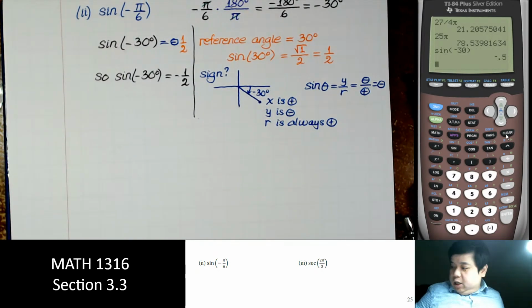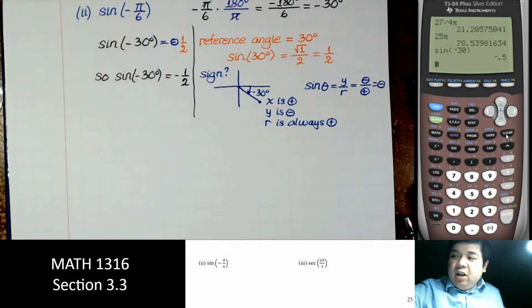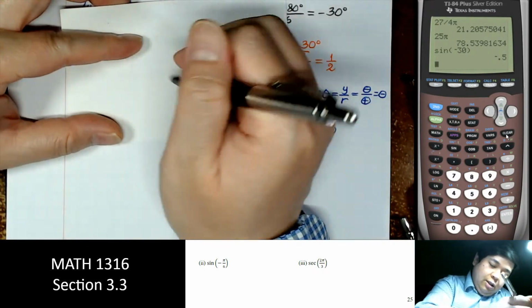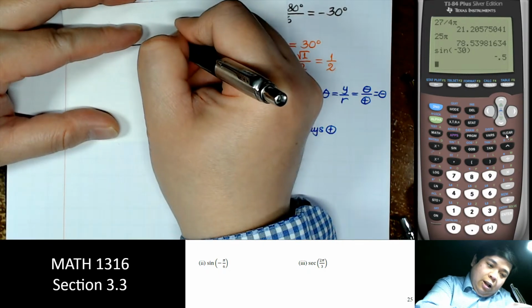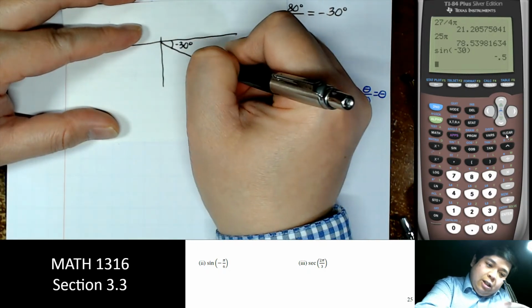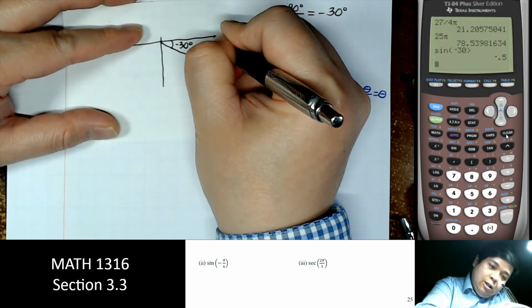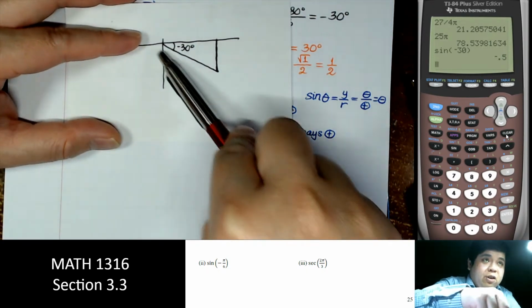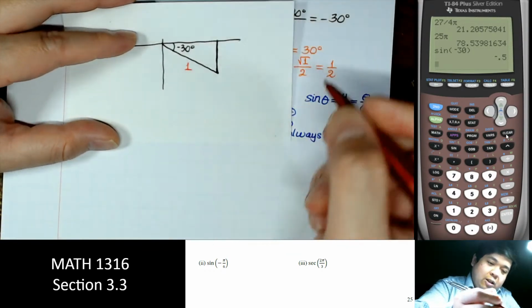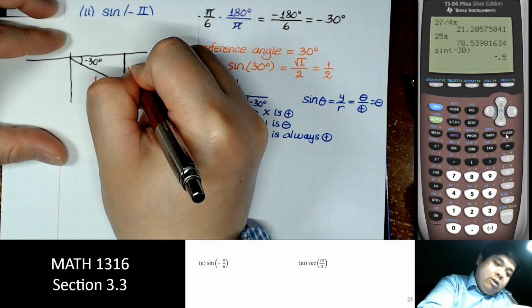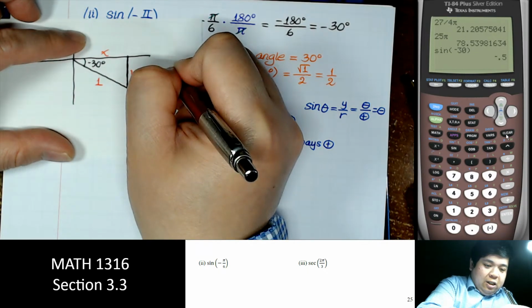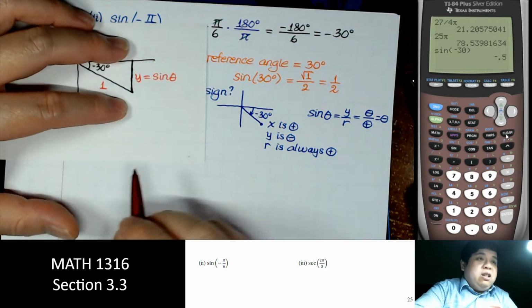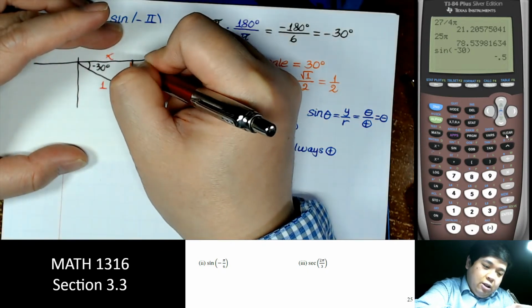And also, I need to mention this as well. Negative 30 degrees is here. If we have the radius, the hypotenuse is 1, and the y value and the x value, sine corresponds to the y value.